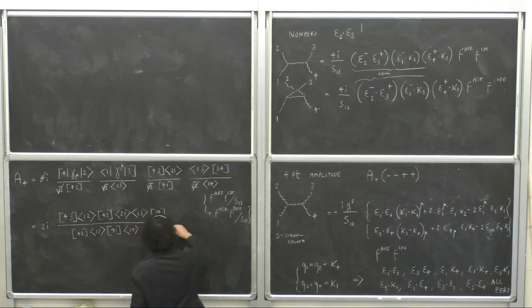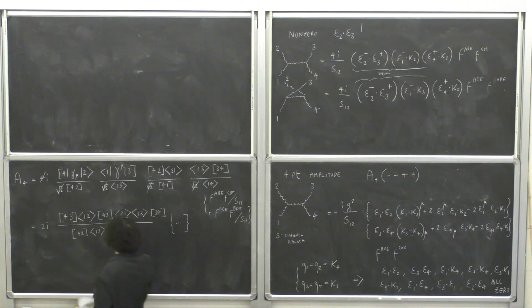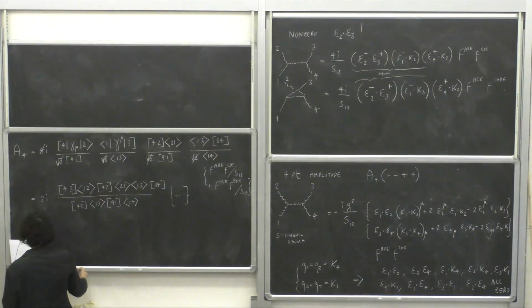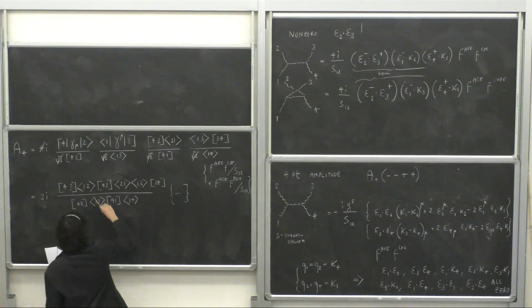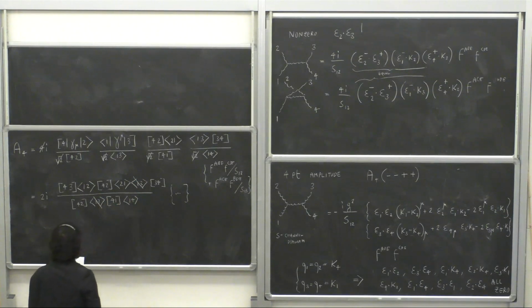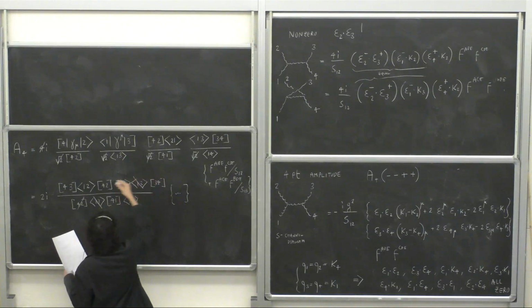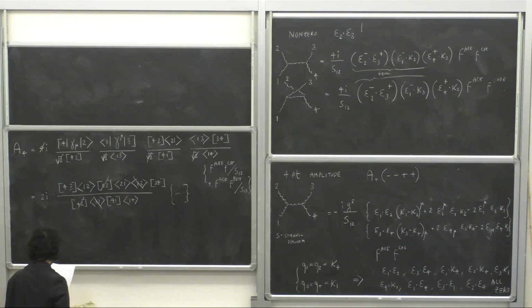And then I will not copy the content of these brackets. Okay, so very good. So there is some simplification, some cross simplification already. There is ⟨1 3⟩, and there is a ⟨4 2⟩, which gets simplified.